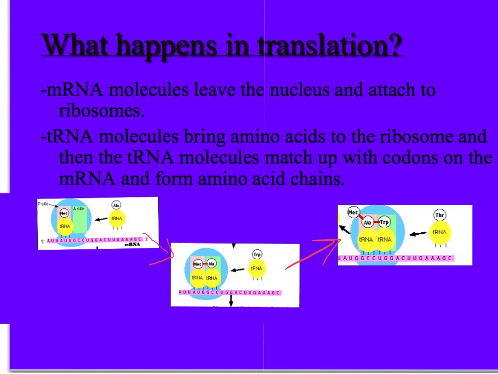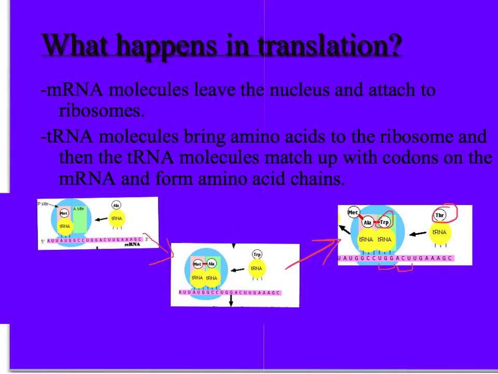This keeps occurring, so once another amino acid has attached to the top, this keeps occurring. UGG is tryptophan. ACU will be threonine until the entire mRNA sequence has been translated into amino acids.